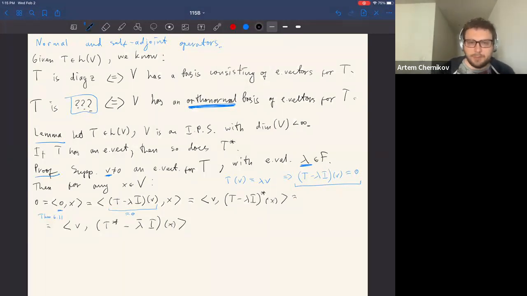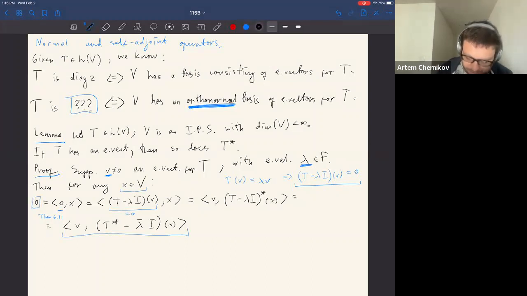Okay, so what do we get here? Look again, this is any vector in V. And for any x in V, we get that this product is equal to 0, right?